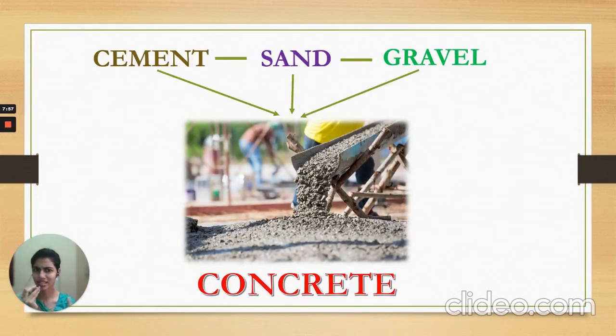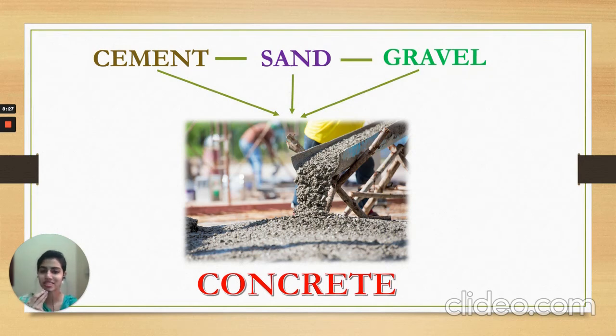Gravel is nothing but small stones. When you mix cement, sand and water, you get mortar. But when you mix cement, sand and gravel, you get concrete. Concrete is used to build houses, bridges and dams, mainly construction works.